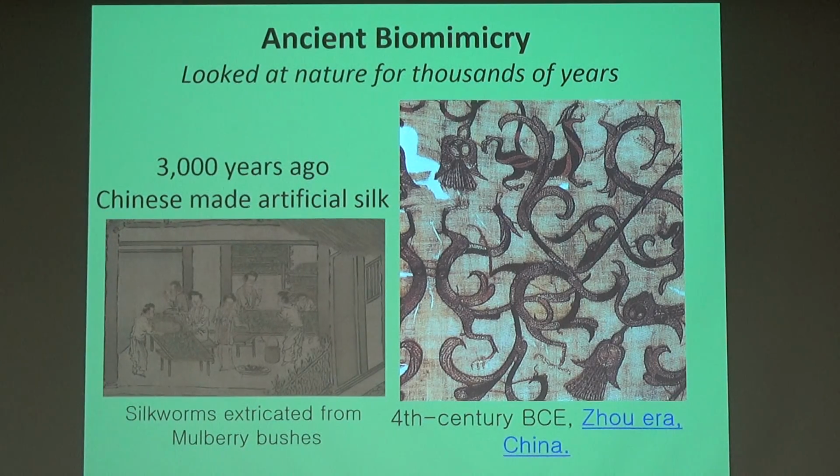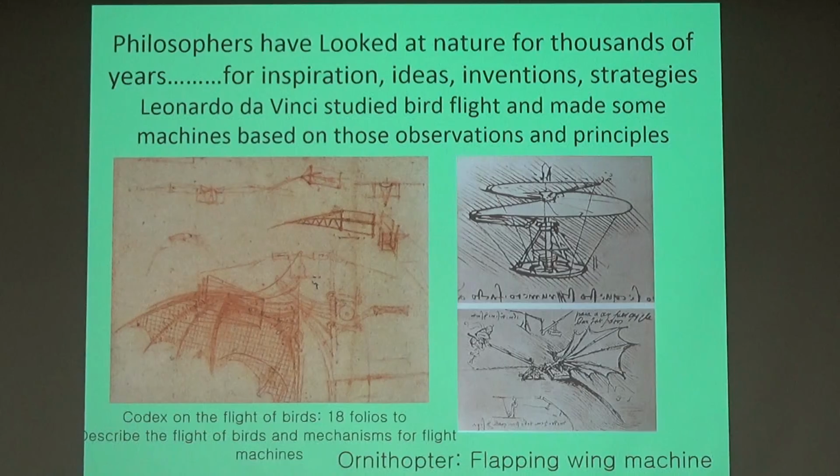That was the ad hoc, empirical type of biomimicry I was talking about. It's just copying it, from silkworms, and there's a tapestry made in the Zhou era from silk. Philosophers have looked at nature for thousands of years for inspiration, ideas, inventions and strategies. It's nothing really new.